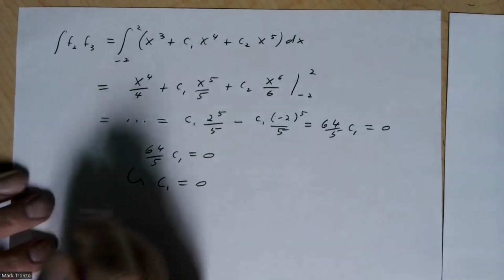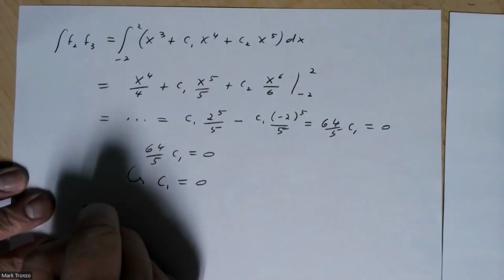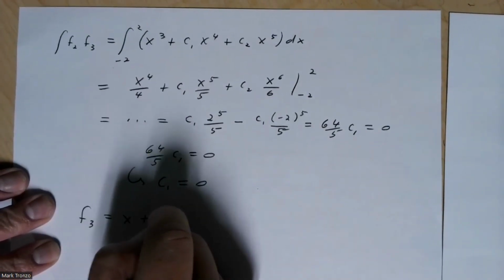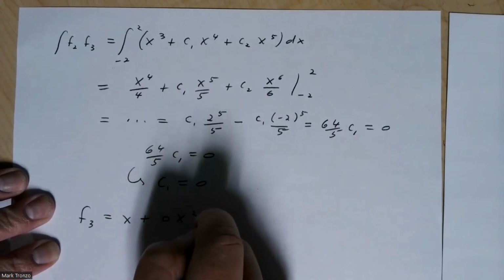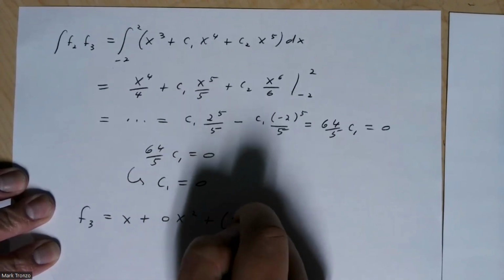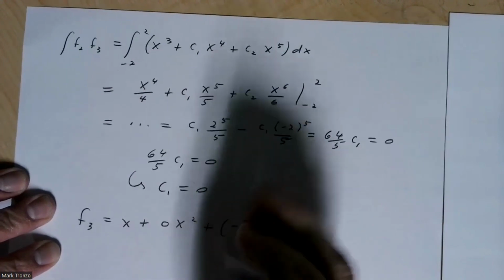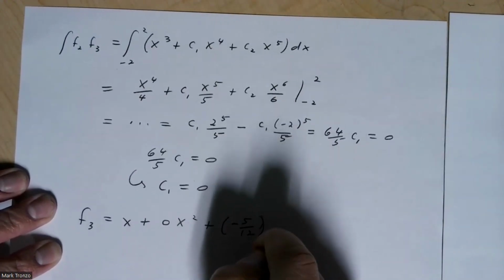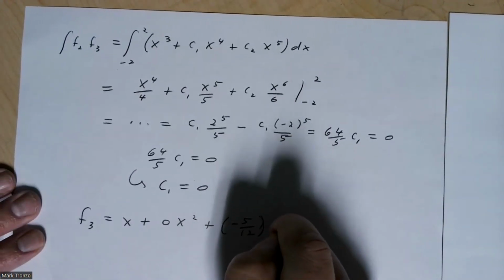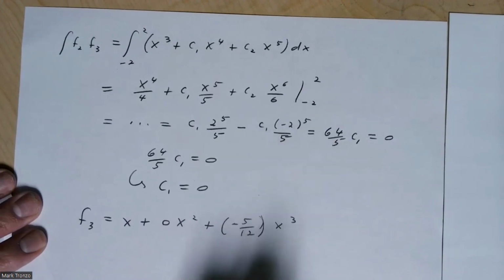So that means F3 is going to be x plus 0 x squared plus minus 5/12 x cubed.